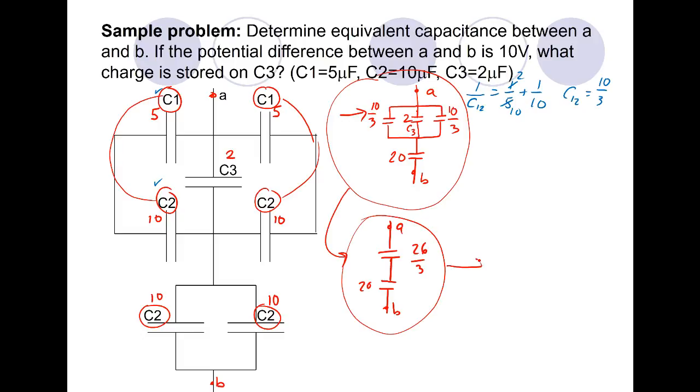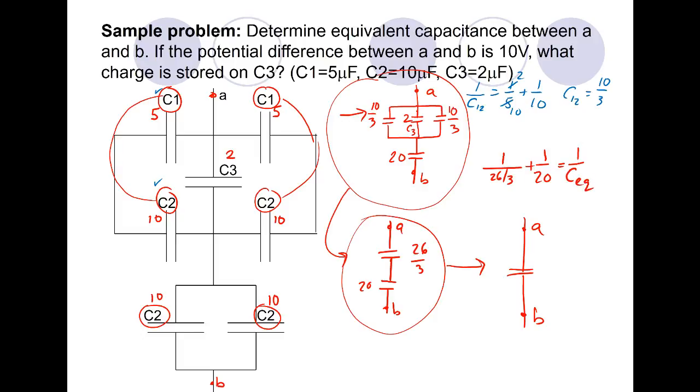And then the last step is to put those 2 together so that we have point A and 1 capacitor and point B. And we have to use our rule again, that 1 over 26/3 plus 1 over 20 is 1 over C equivalent.